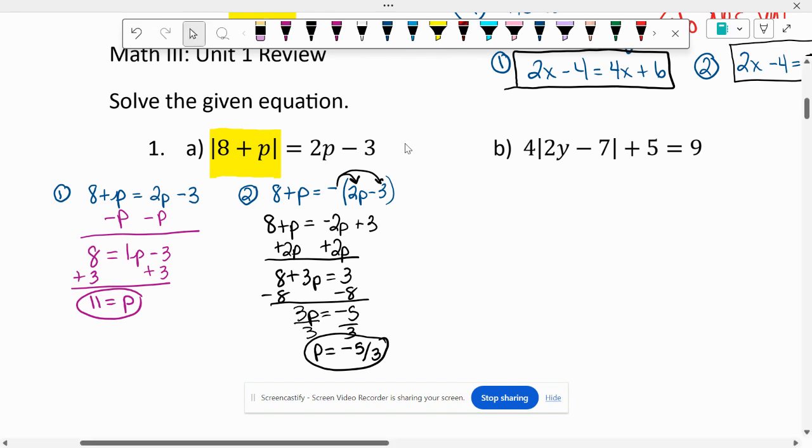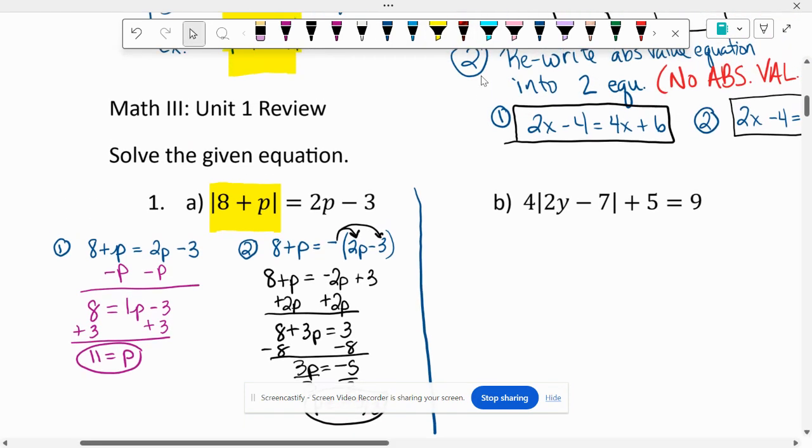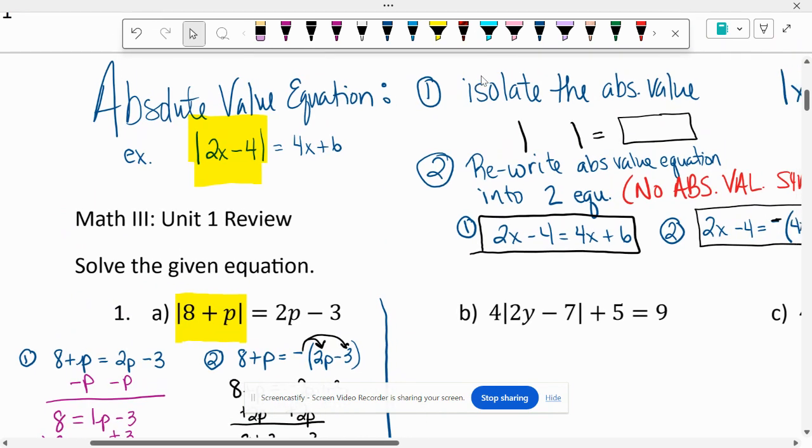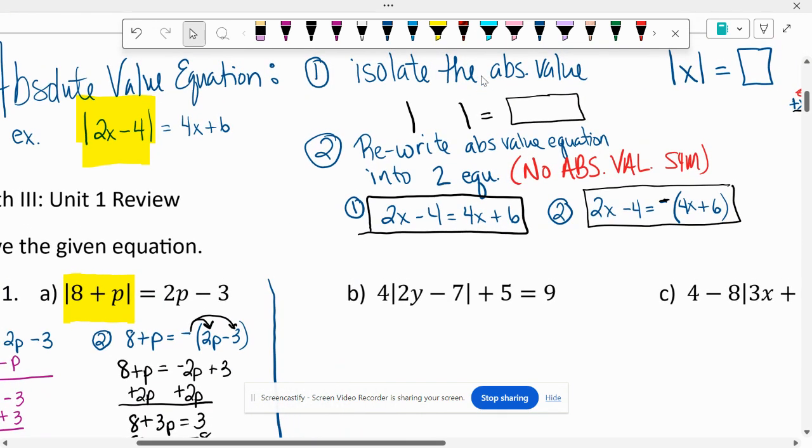Okay. All right. So let's go to example B. So remember, the first thing that I said is if we're going to solve an absolute value equation, the first thing that we have to do is get the absolute value bars, that symbol, all by itself.